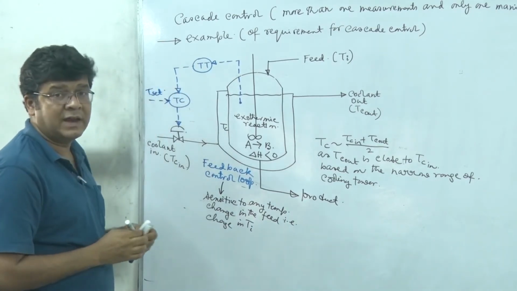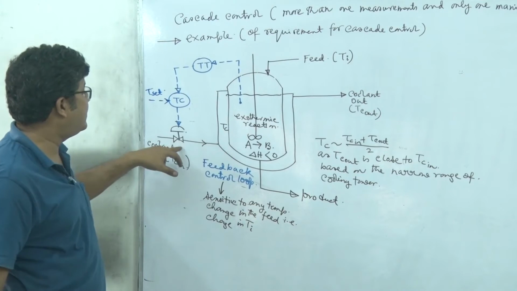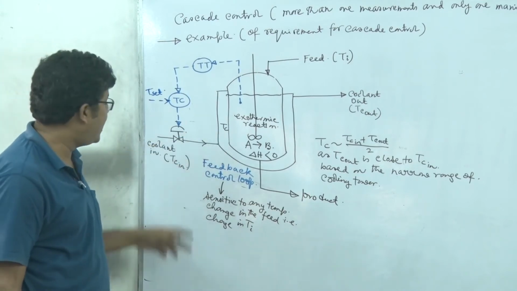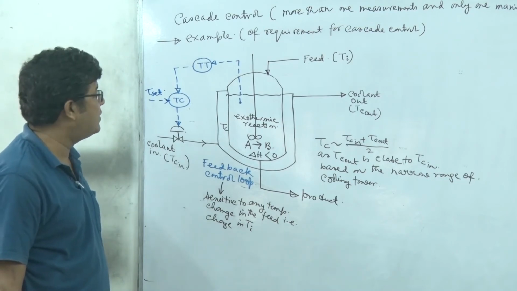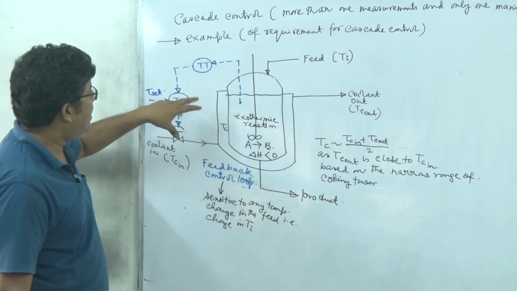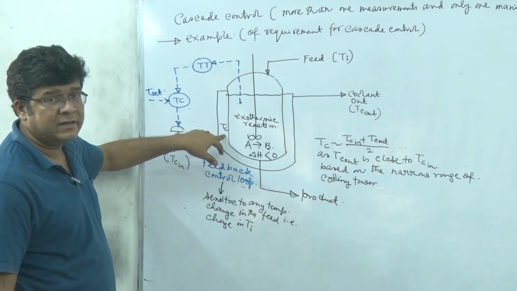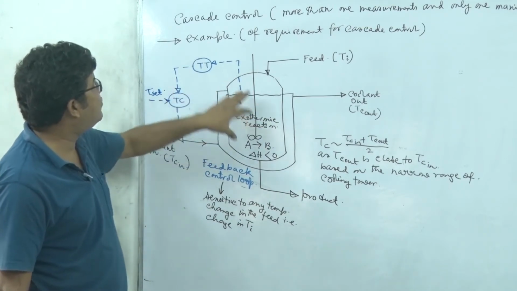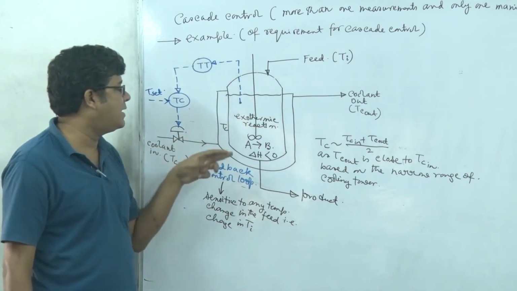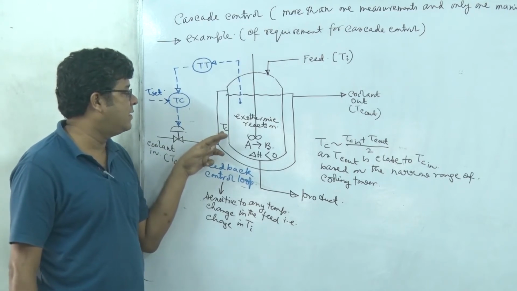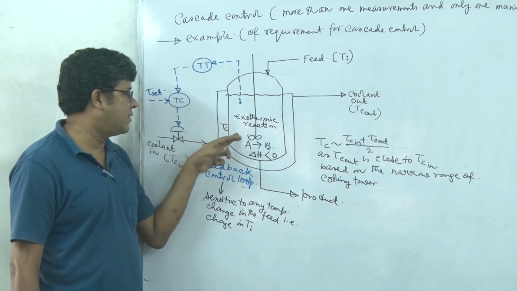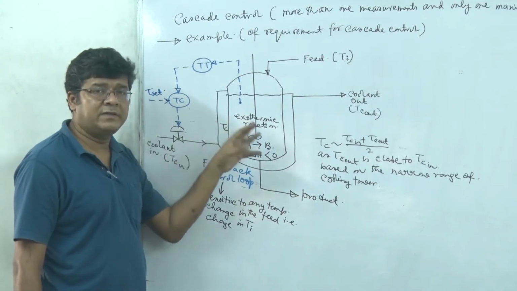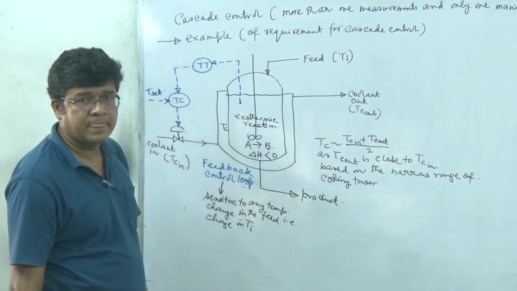However, it is relatively insensitive to any change in the coolant temperature. Particularly if I change the Tc in, definitely the Tc is going to change, and whenever Tc changes, see, there will be delayed response by this feedback controller. Why is it delayed? Because if Tc changes, then the heat transfer rate, that is the cooling rate, will drop, but the heat generation rate will remain the same.